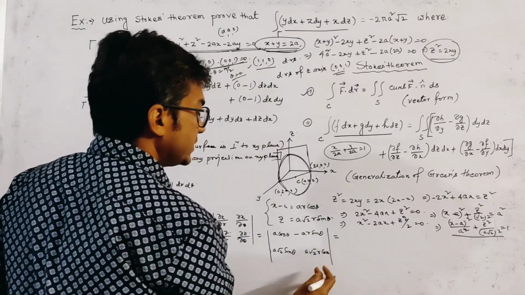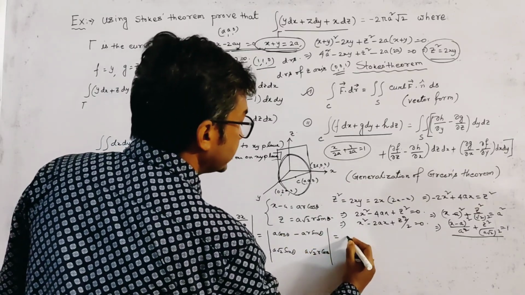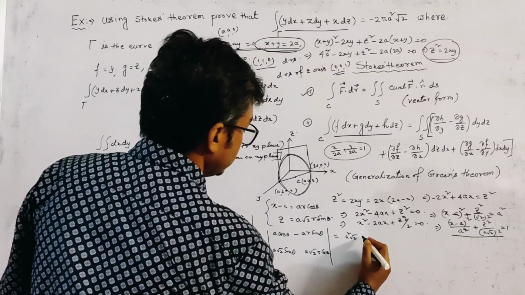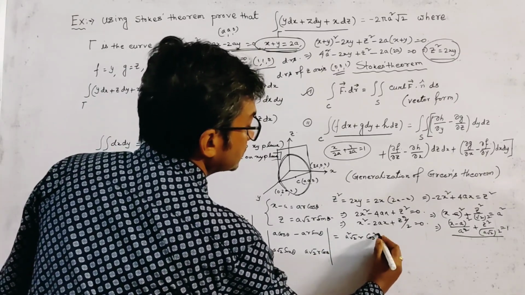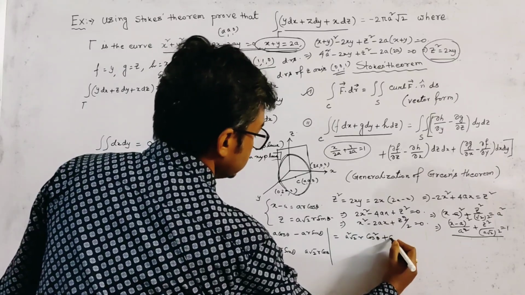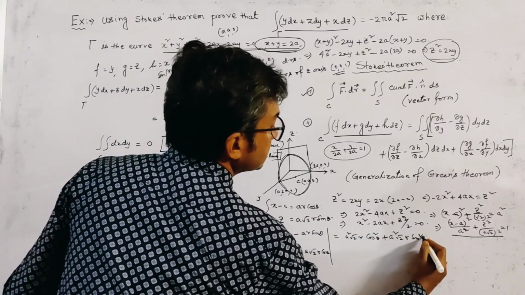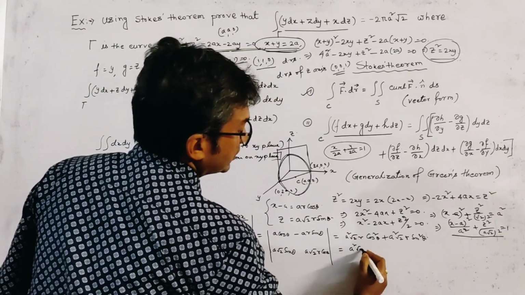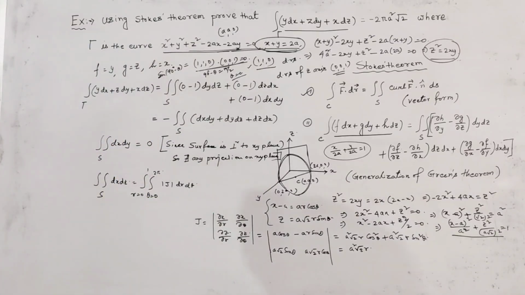Expanding the determinant, we get a square root 2 r cos square theta plus a square root 2 r sin square theta, and this gives the result a square root 2 r. This is the Jacobian of this transformation, right?